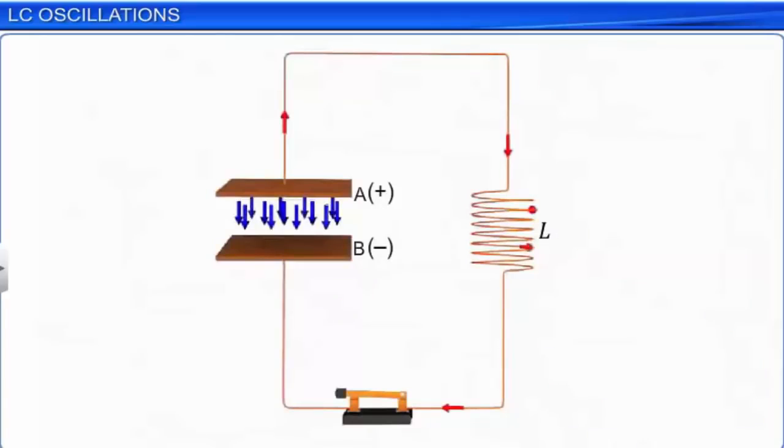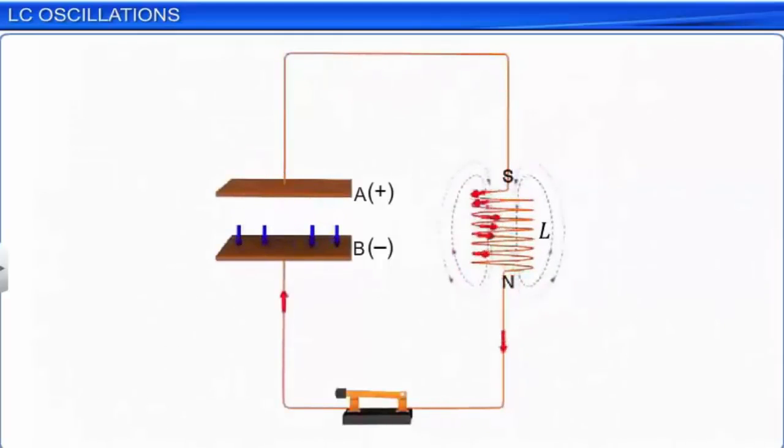The current in the circuit is from A to B through the inductor. The potential difference across the capacitor is equal to that across the inductor. Gradually, the capacitor discharges and the potential difference between the plates as well as that across the inductor becomes zero.